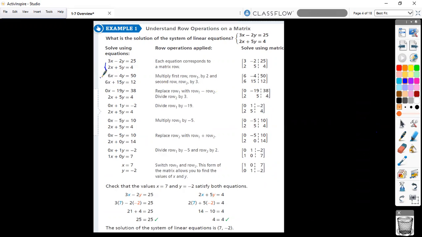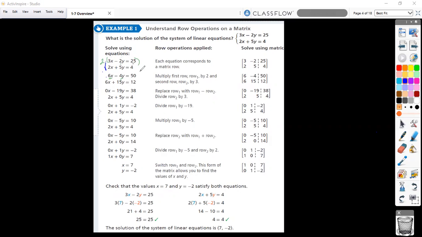there's the original. Notice they multiplied the top row by a 2, bottom row by a 3. They wanted to get these 6s in the same spot. So multiplying by a 2 here makes this 6. 2 times this 2 makes this 4.